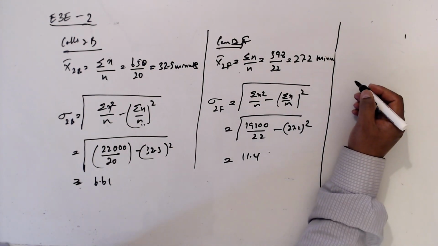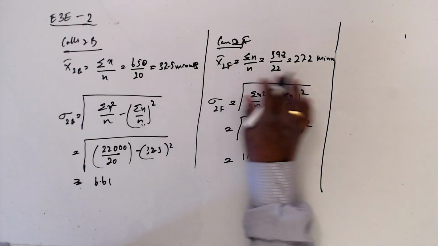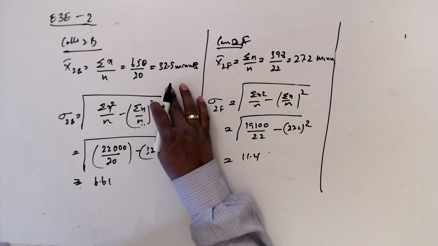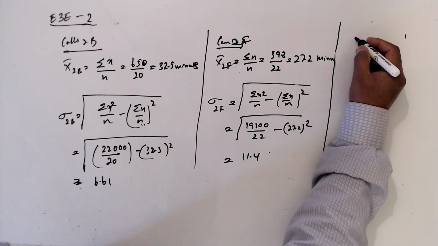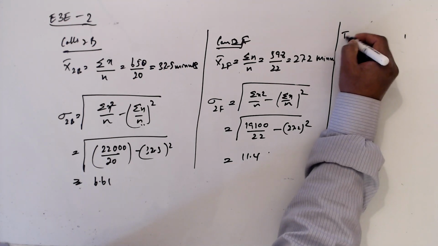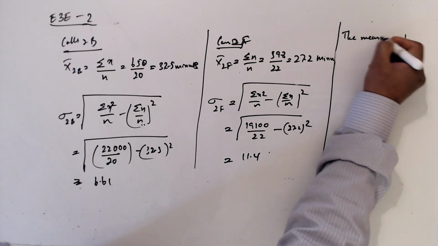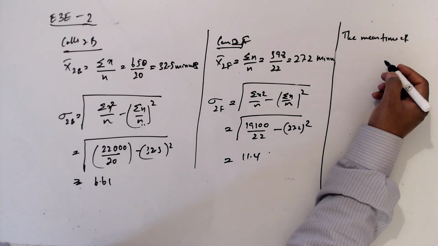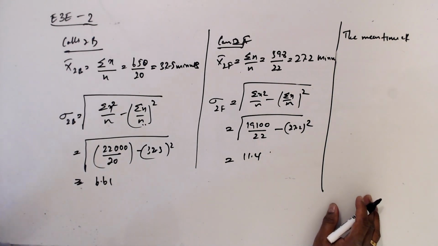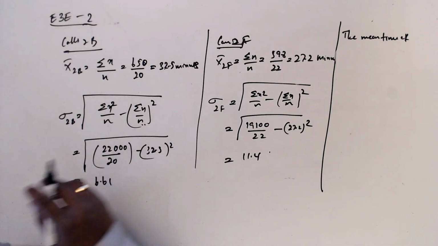When we consider the mean of those two classes, we can see the mean of x bar 2B, right? Actually, let me do it differently. I will delete this one.